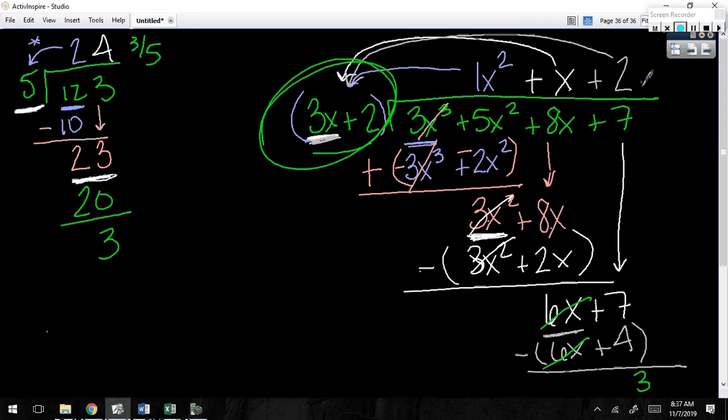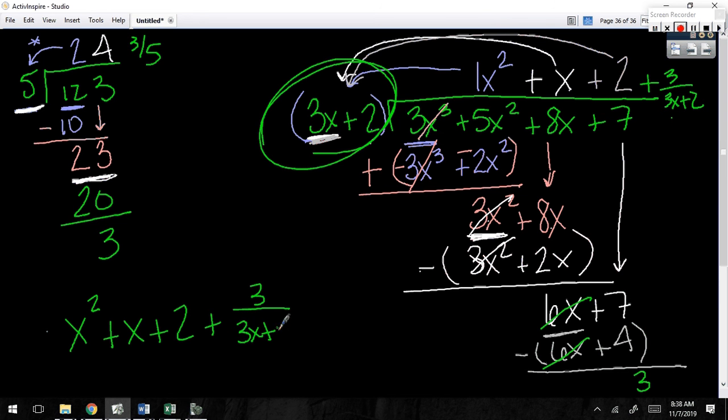Since we're dealing with polynomials, we're going to say plus 3 over 3x plus 2. So when you divide these two, you get x squared plus x plus 2 plus 3 over 3x plus 2.